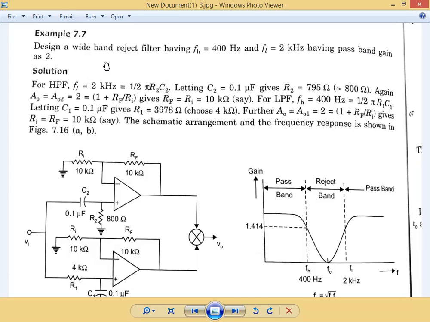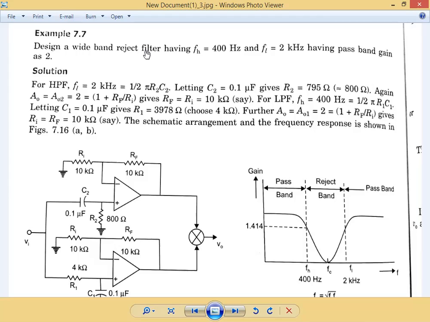So for the high pass filter, FL is equal to 2 kHz, which is equal to 1 by 2 pi R2C2. We know that the cutoff frequency is 1 by 2 pi RC.